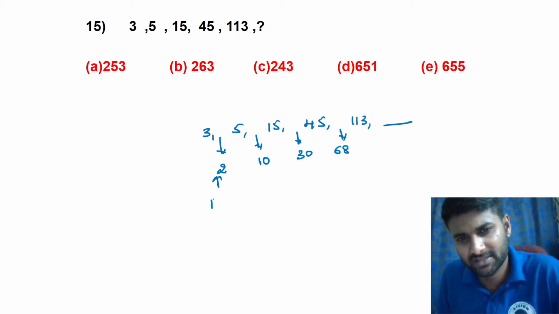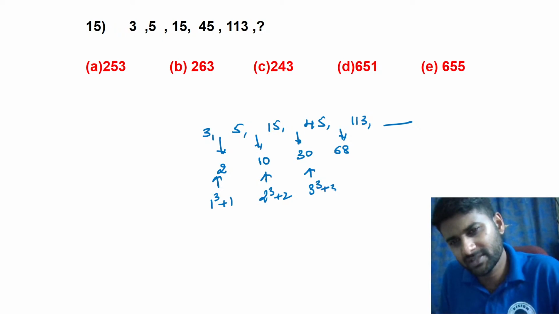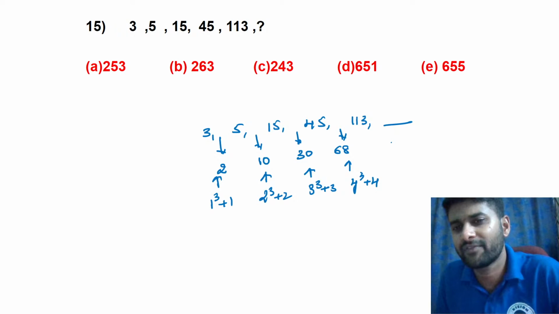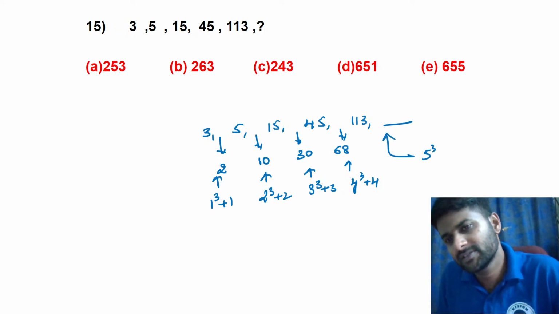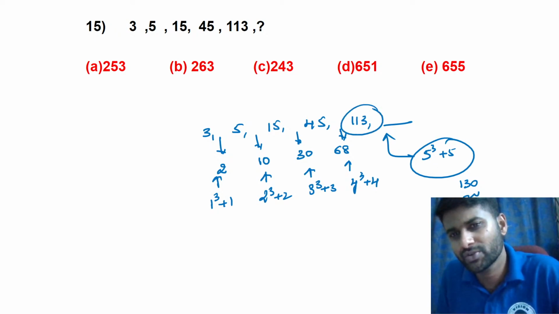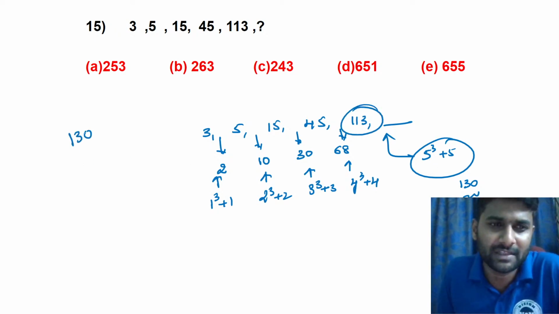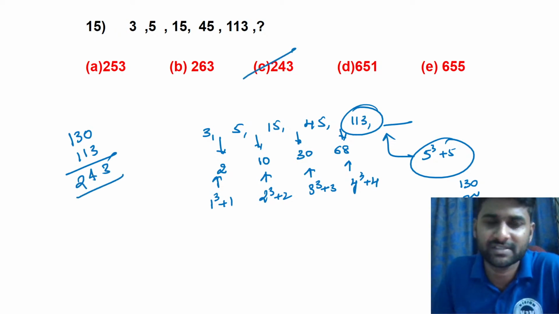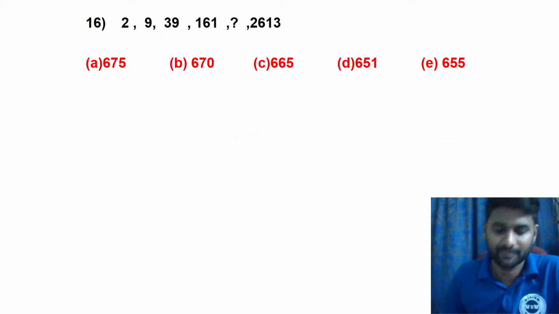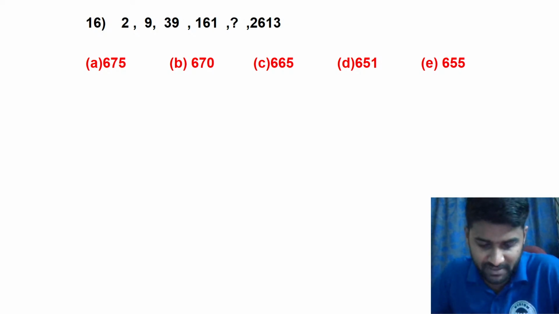Now we can understand that this is 1 cube plus 1, 2 cube plus 2, 3 cube plus 3. The next number is 4 cube plus 4, and we are going to add 5 cube plus 5. The 5 cube plus 5, the resultant is equal to 130 units. We are going to add 130 and 113, so the resultant is 243.